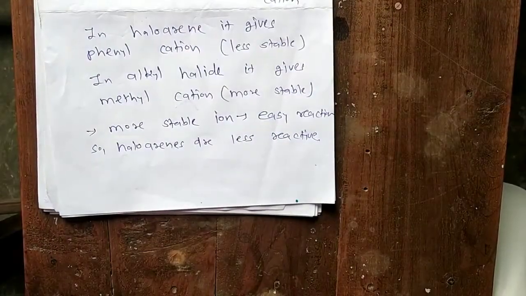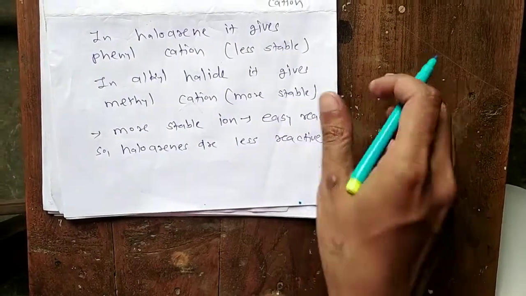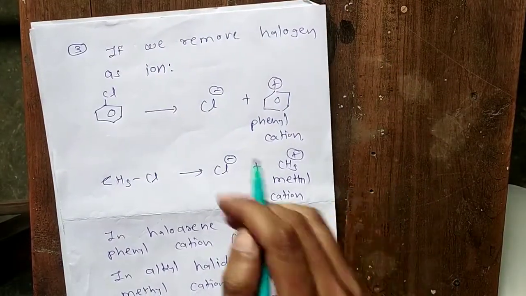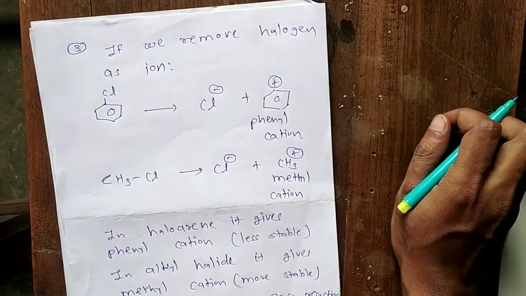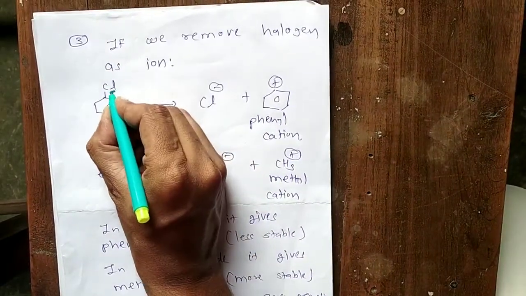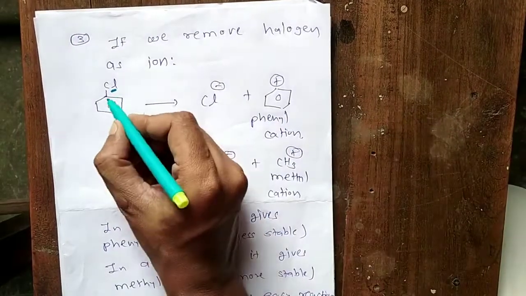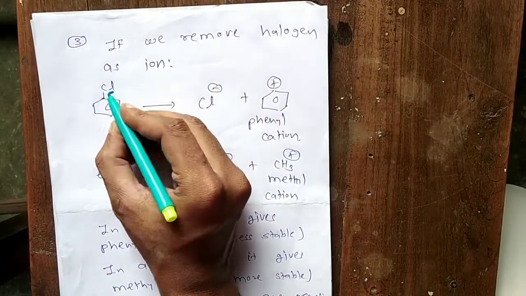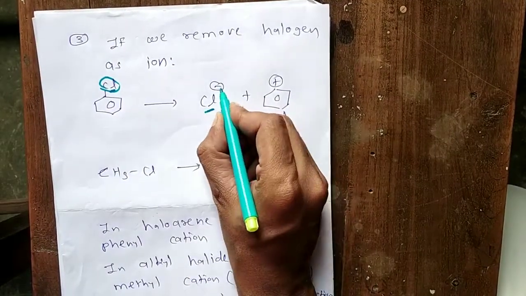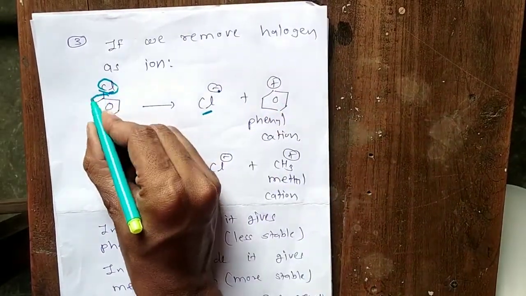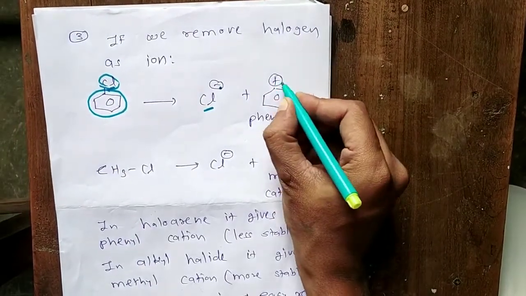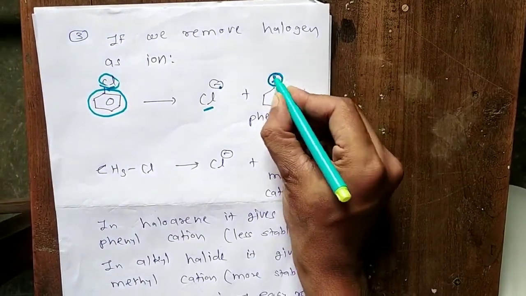Again, first reason is resonance structure. Second reason is hybridization. Now the third reason. What will happen if I remove this chlorine as an ion? You can see this is chlorobenzene. Suppose I remove this chlorine as an ion, so chlorine becomes a negative ion, and this whole ring is called a phenyl cation, having a positive charge on it.